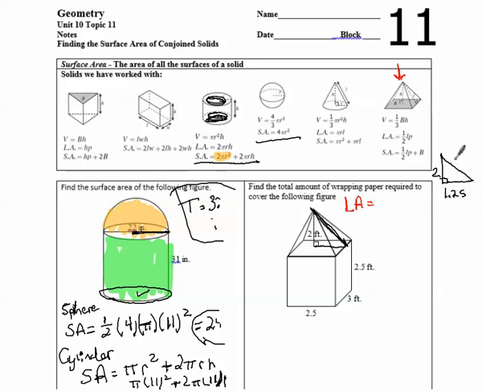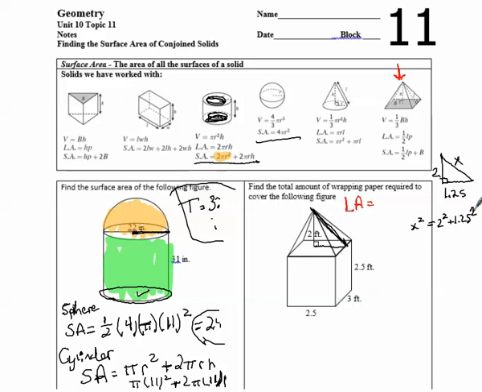And then I'm looking for this up here. So x squared, the hypotenuse, equals 2 squared plus 1.25 squared. That's 5.5625, but I want to take the square root of that.